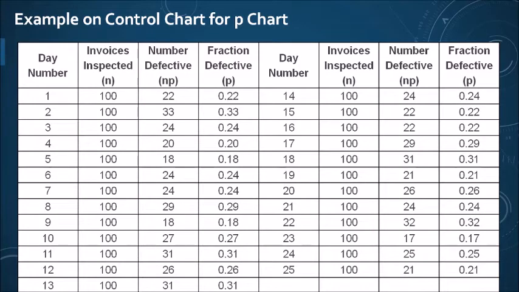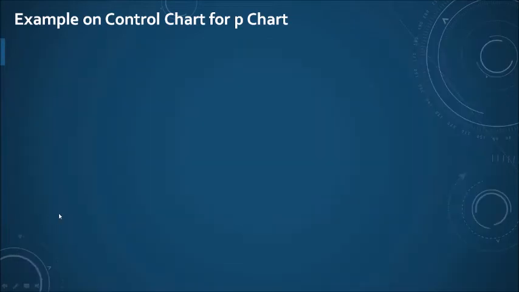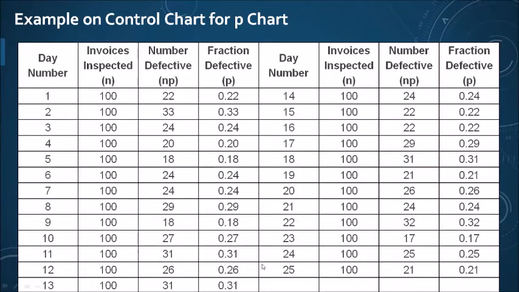So this is basically the table. You can see that day number is given from 1 to 25. Invoices inspected indicates your sample size, and sample number is from 1 to 25, and every day 100 invoices are inspected for the number of defectives.